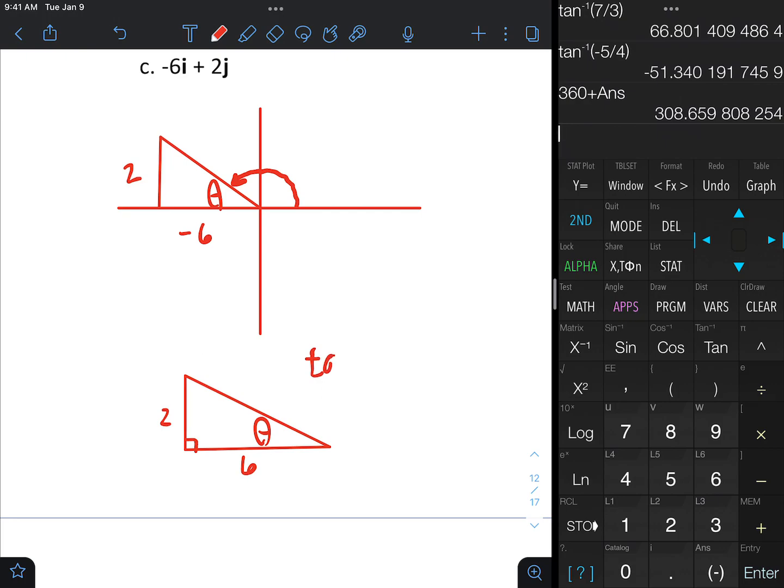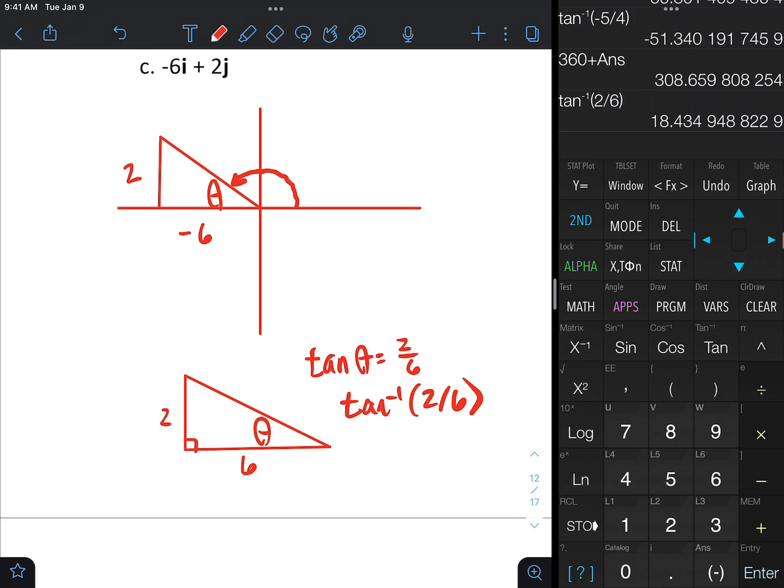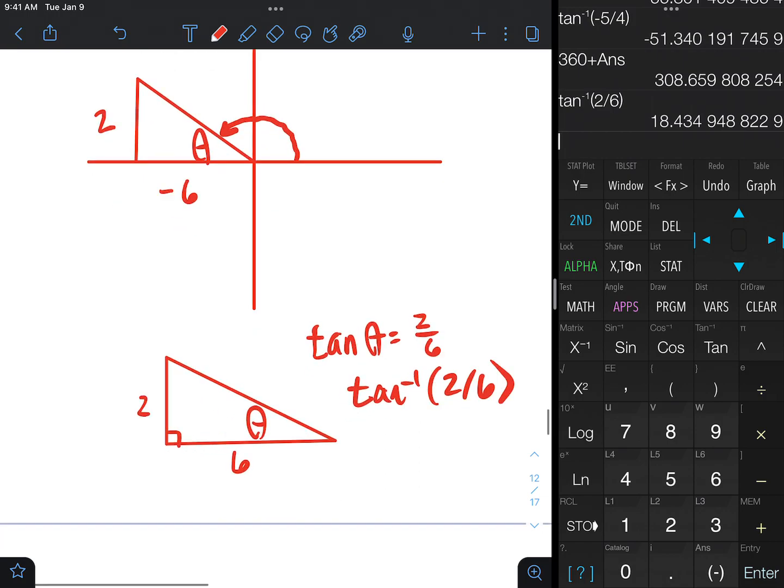So here's what I'm going to do. I'm going to set it up down here using the positive versions. So tangent inverse of 2/6. And that comes out to about 18.4 degrees. So that means this angle here is 18.4 degrees.